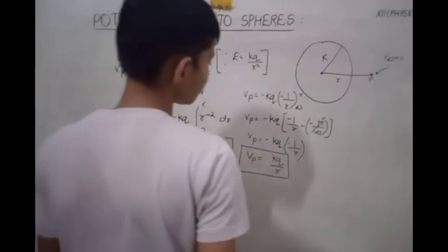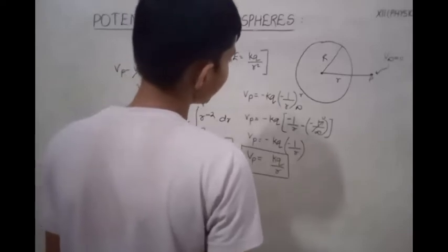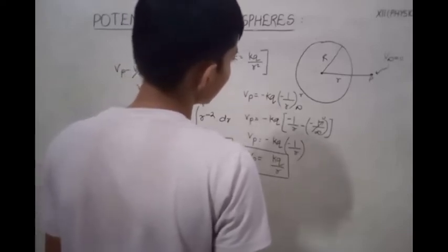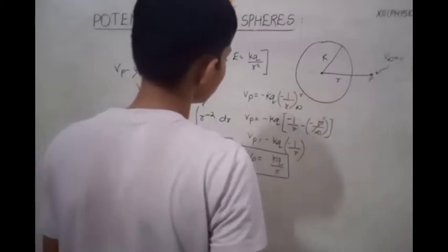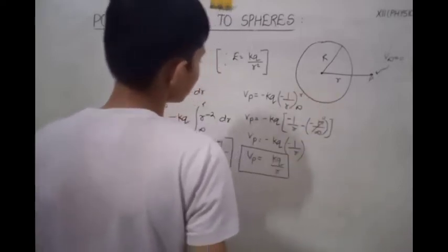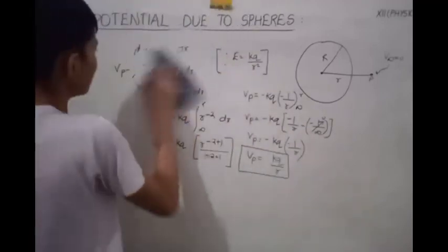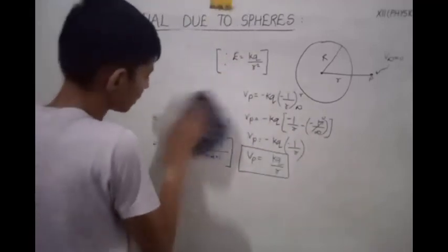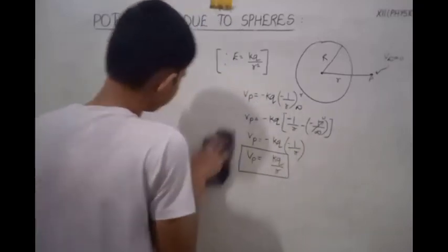Now suppose what can we do if we are given the point which is at the surface or inside the conductor. In that situation, we will apply this formula which I am going to write.